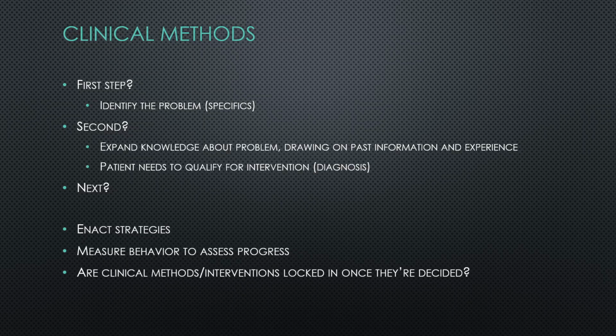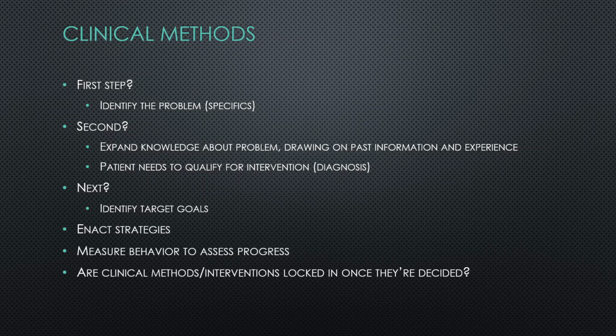The second step is expanding our knowledge about that and then coming up with a diagnosis. And after that, we're going to identify target goals. But remember, these are easily achievable target goals. There's something that's within reach, because clinical methods are a cycle. So you're going to go back to the top and start over.